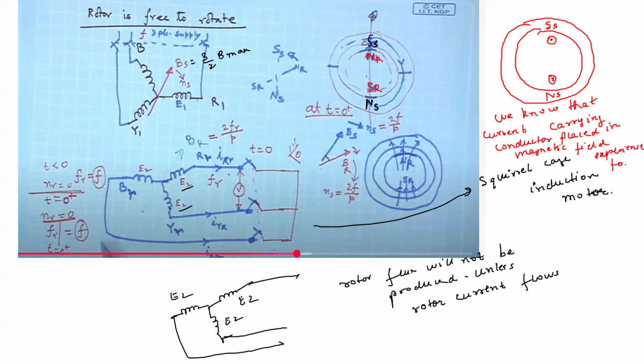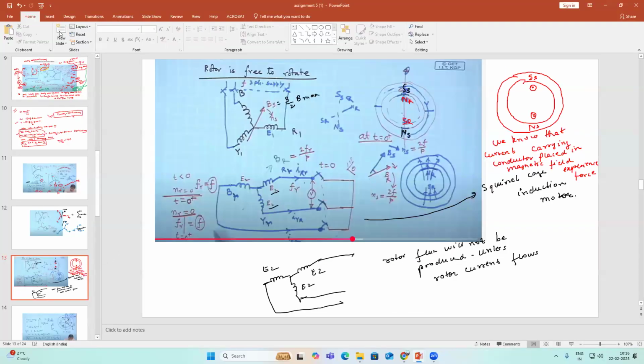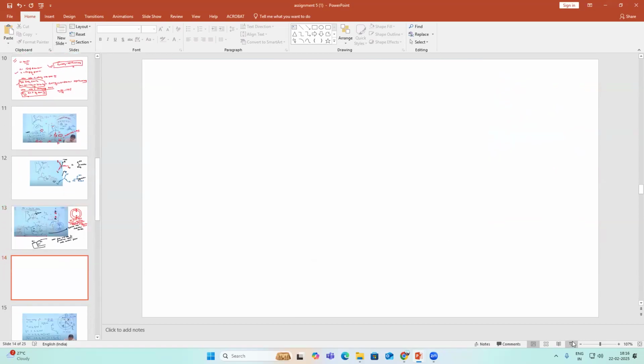It will experience force, so it will rotate because of that force. Let me write these things down, the sequence of things, on the fresh page, so that you will understand this induction motor action.